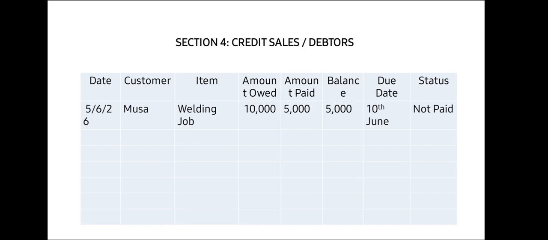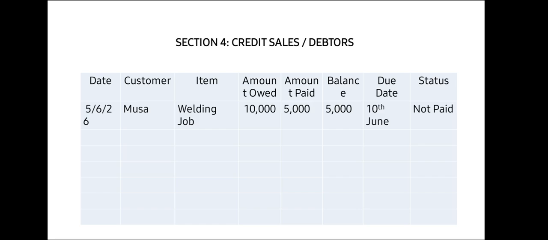Let's take, for example, a customer named Musa bought an item, let's say a wedding job, amount owed 10,000 naira, amount paid by Musa 5,000 naira. The balance is 5,000 naira. Due date 10th June 2026.